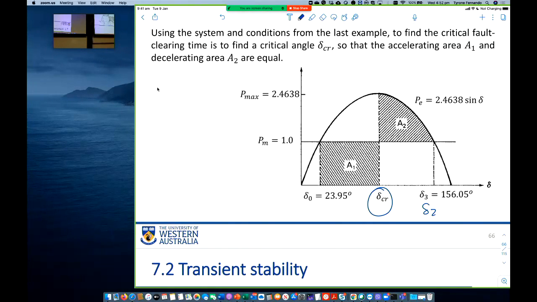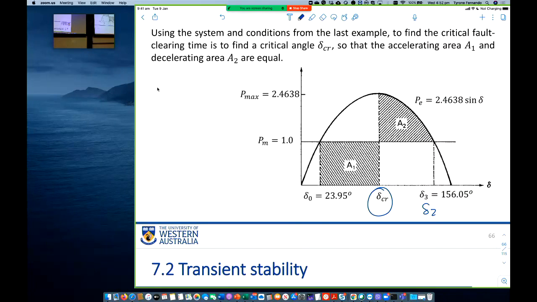And that way delta 2 will never return back to delta 0. So there is something called a critical clearing time, because the critical angle delta depends on the clearing time.